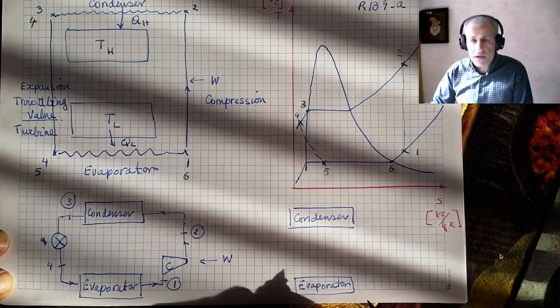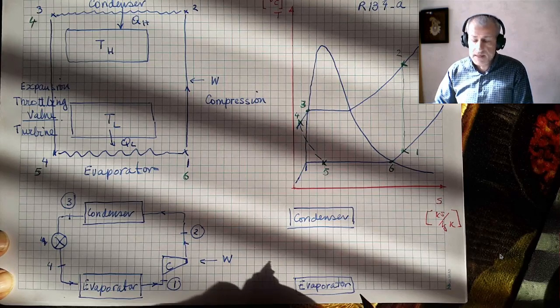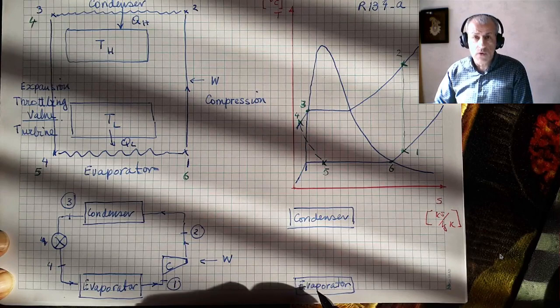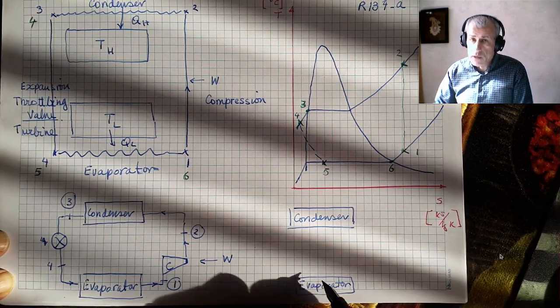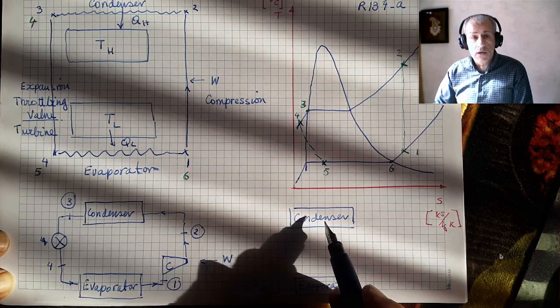Evaporator, which are the basic items of this cycle, since this one has the duty to extract heat from a colder reservoir, and this one has the duty to deliver heat to a warmer reservoir.